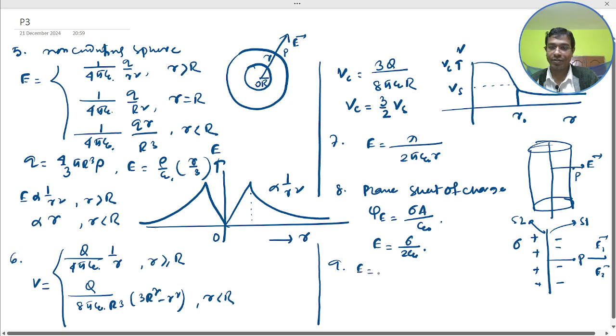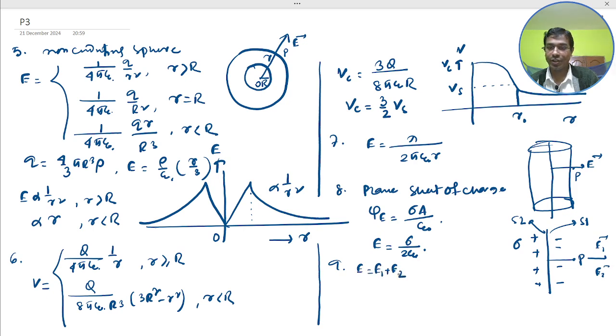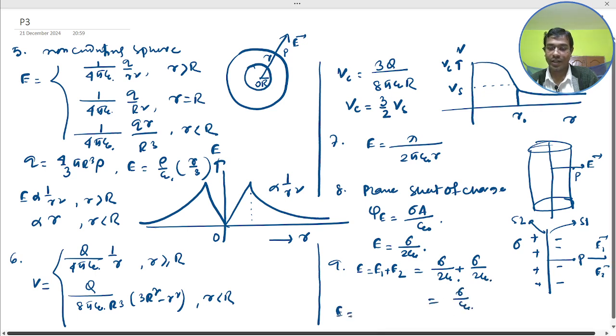Total electric field is E1 plus E2, sigma by 2 epsilon naught for each sheet. So finally for the charged conductor, E is equal to sigma by epsilon naught.